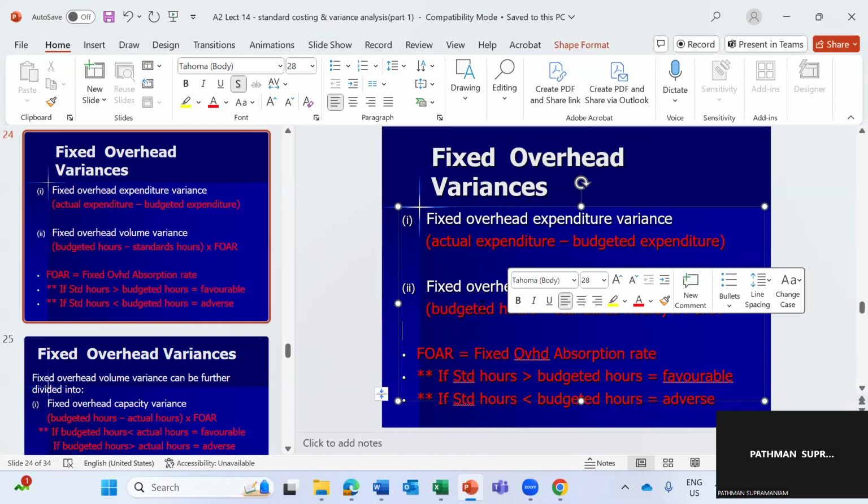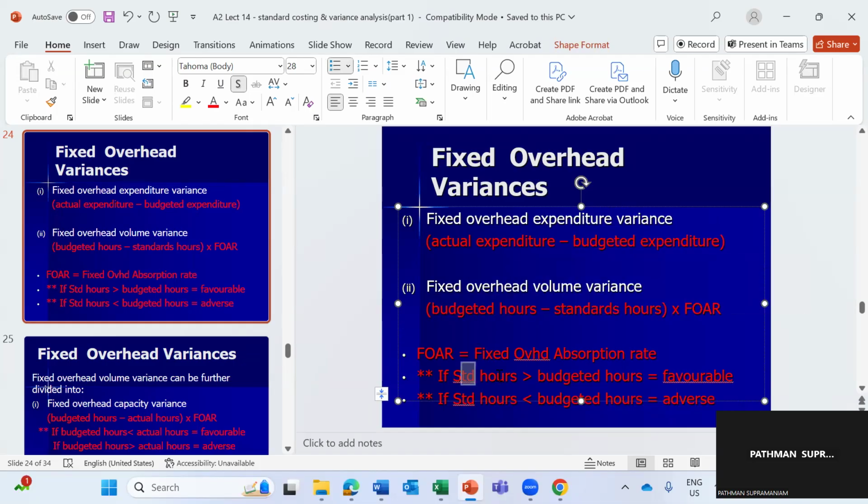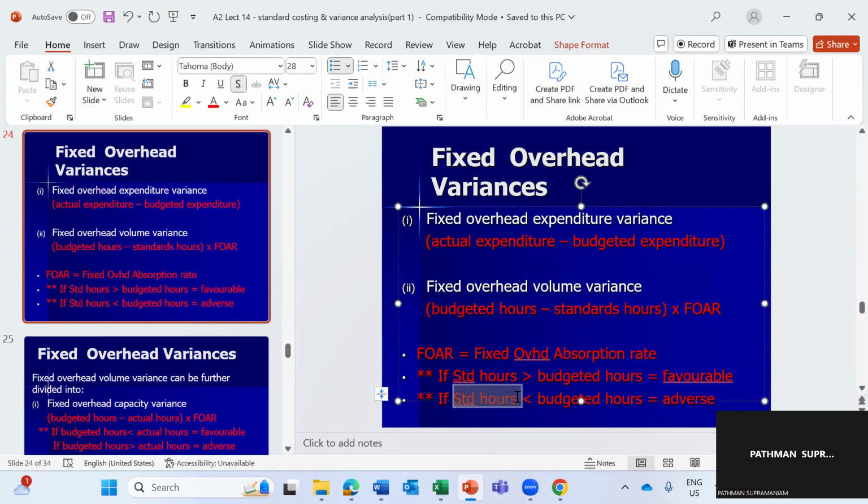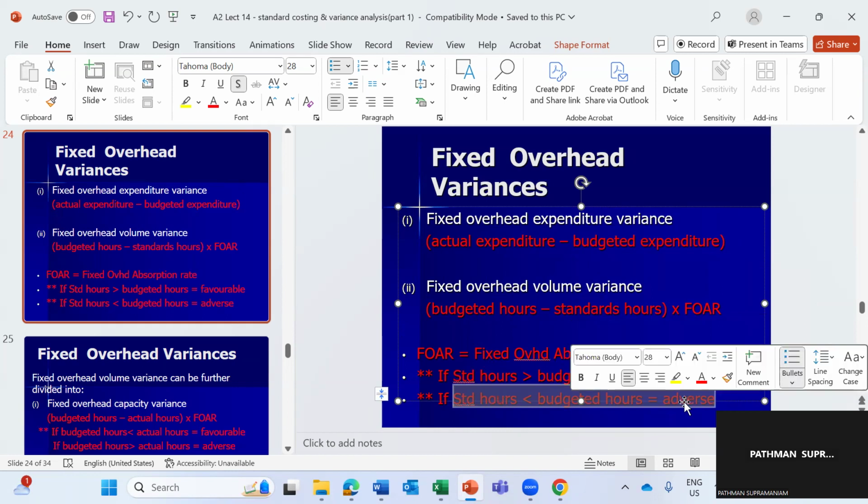If standard hours is more than budgeted hours, then it's favorable because we're getting more out of the fixed overhead cost. We're using the fixed overhead constant cost to make more units. It's like we're exploiting more. If the standard hours is less than budgeted hours, then it's adverse because we're not using what is there. We're not using it enough.